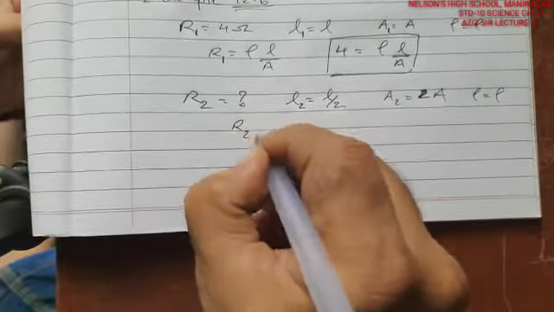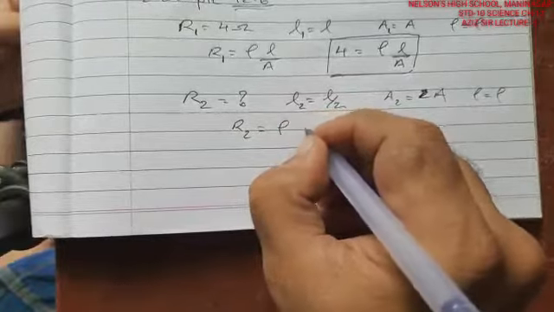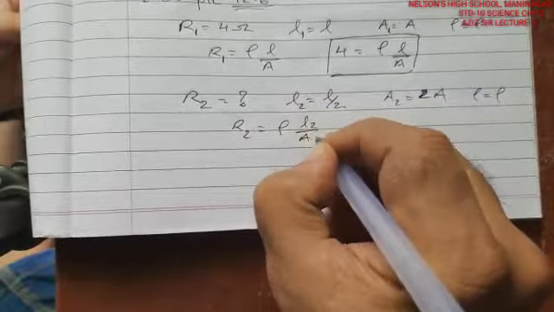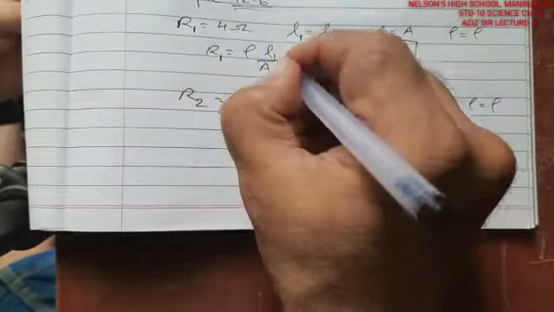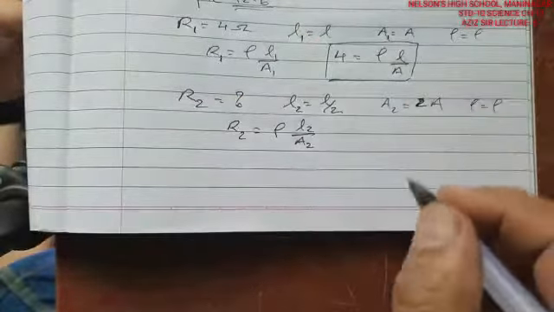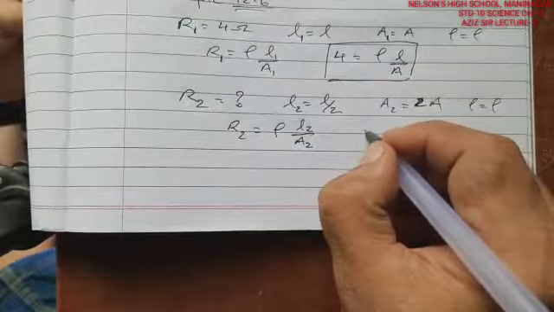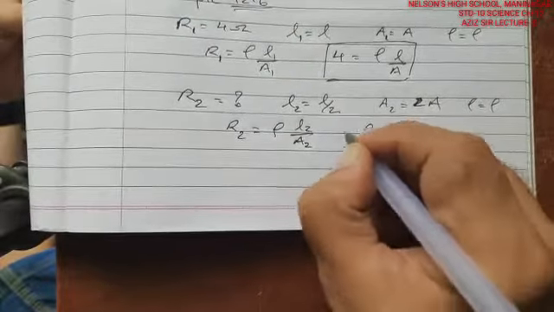Writing R2 is equal to resistivity times L2 upon A2, and keeping the values, R2 we are supposed to find out.